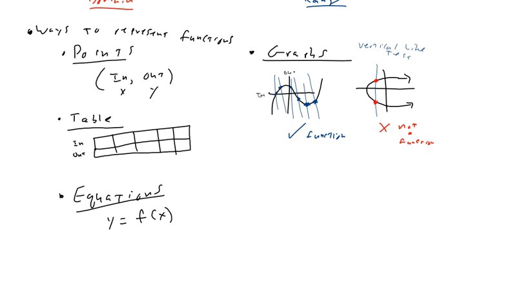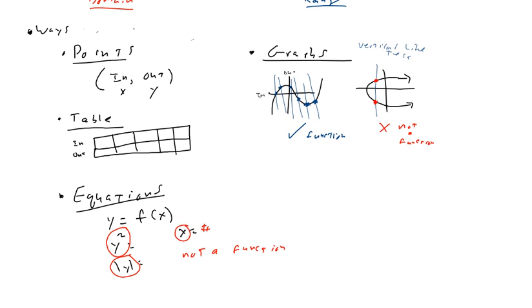If we had a y squared, or absolute value of y, or x equals a number, these three were not a function. Every other equation, pretty much, is going to be a function.